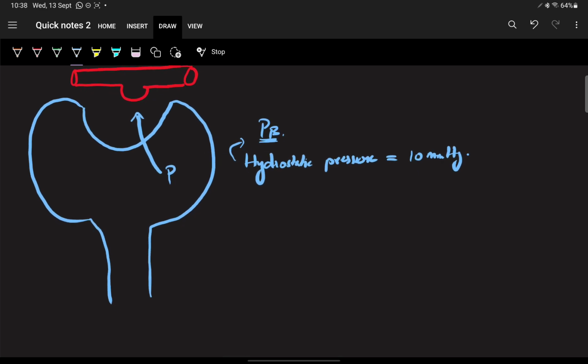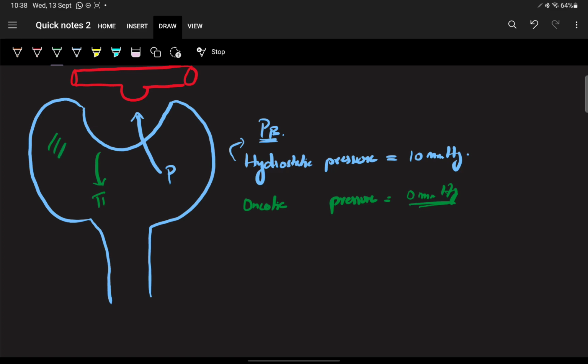Okay. And similarly, there is the force that is opposing the hydrostatic pressure, and this is your oncotic pressure, which is denoted by pi. So what is the oncotic pressure? Now oncotic pressure in the Bowman's capsule is 0 mmHg. Why is that?